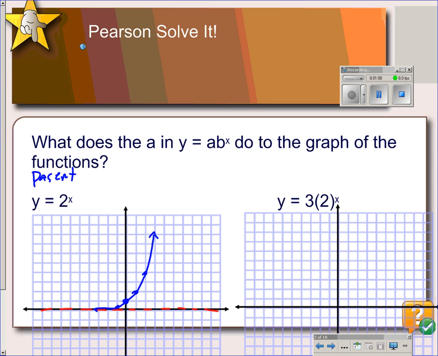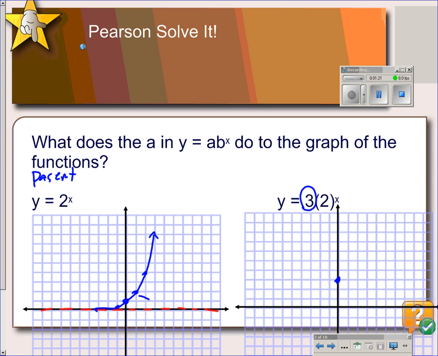If we put a 3 on the front of this function, then what it does to the function is it stretches it vertically. So each of our points, all of our y values get multiplied by 3. So the point that was at 0, 1 is now at 1 times 3 is 3.